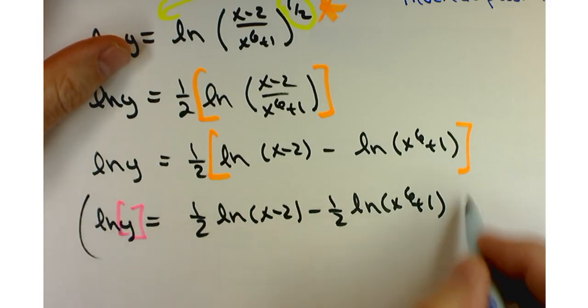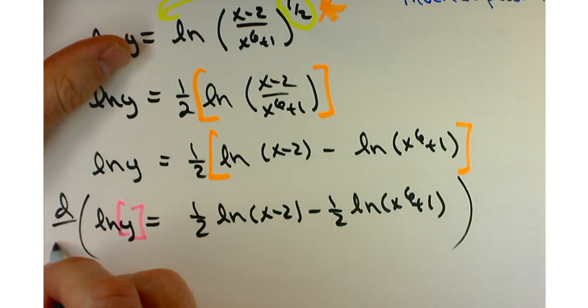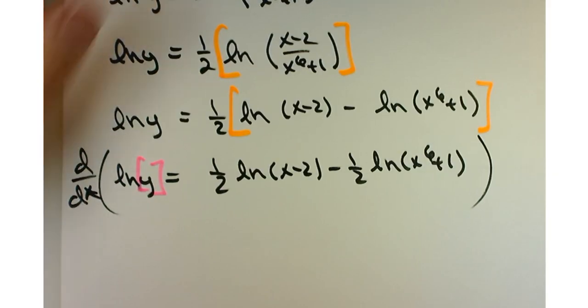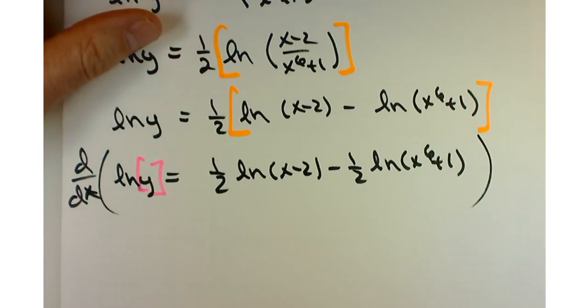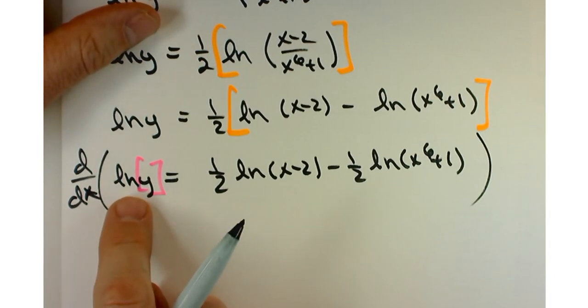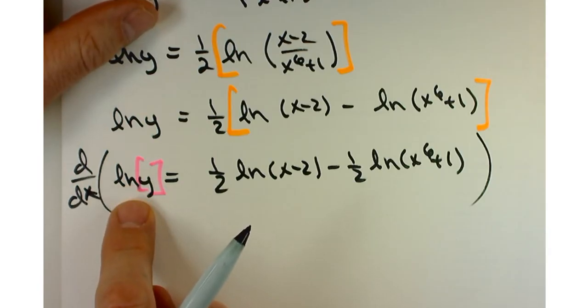So let's apply the derivative to both sides. That is, take d by dx on both sides. Sasha, maybe you can help me out. What am I going to get when I differentiate ln of y with respect to x?